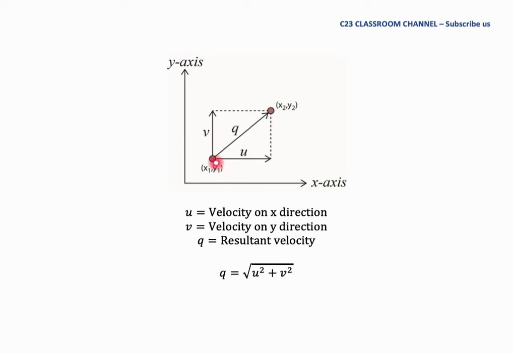So this molecule has a component of u velocity and v velocity. Please remember that u is the velocity in the x direction and v is the component velocity in the y direction. The resultant velocity can be calculated by using this equation: square root of u squared plus v squared.